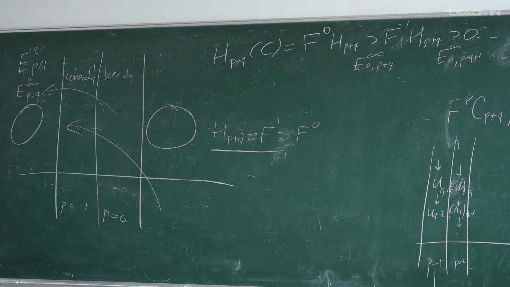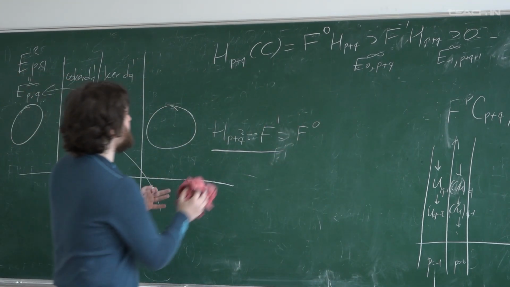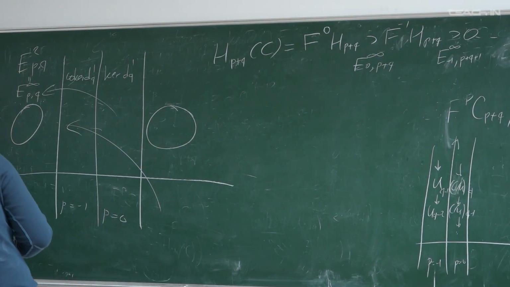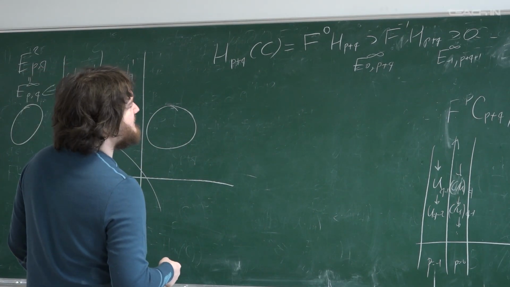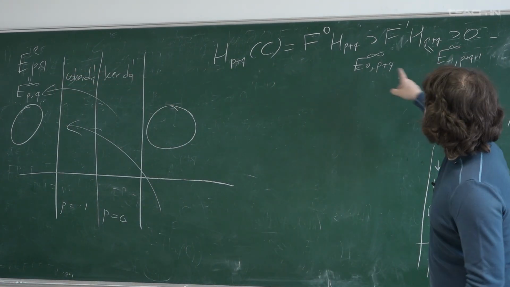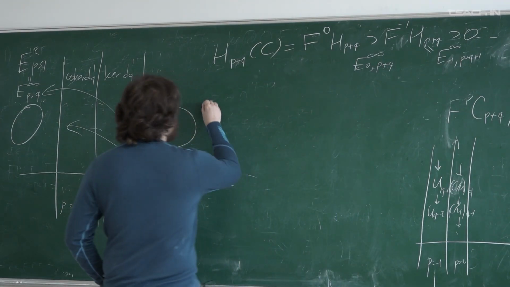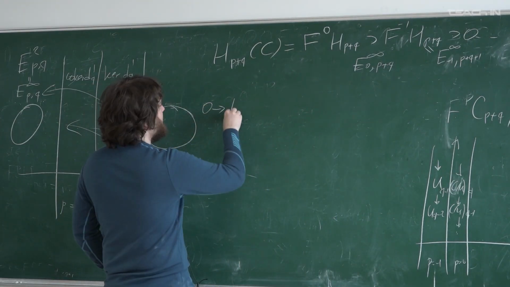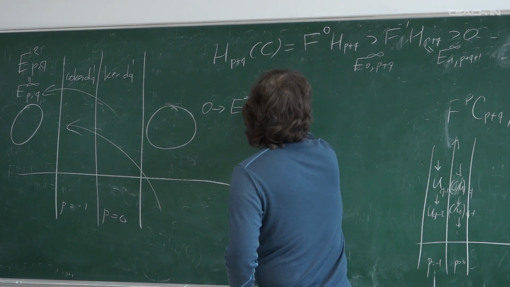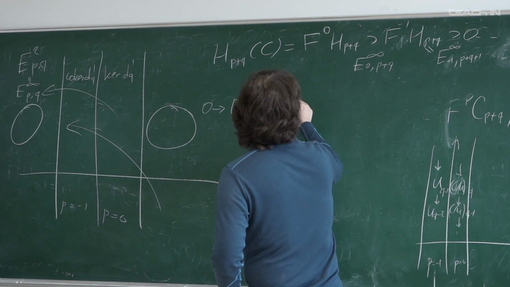So I have 2 extensions. Oh no, sorry, I have 1 extension, because this is a quotient with 0, so in fact it's an equality, and this is the extension. So I have an extension of the sort E infinity -1, P plus Q plus 1.